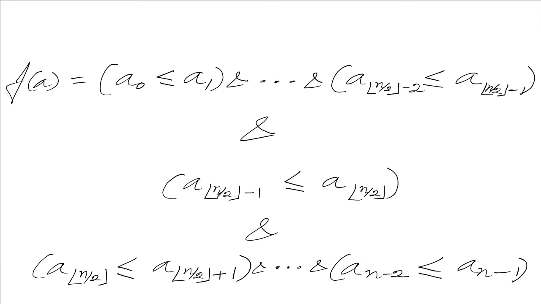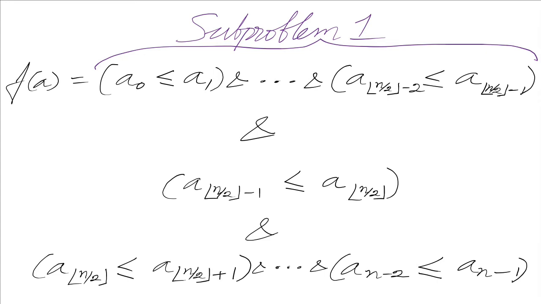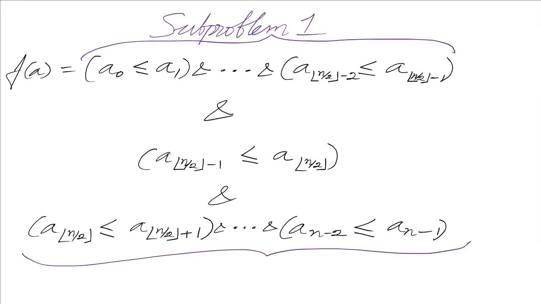So we check if the first element in the second half of the list is less than or equal to the next element in the second half of the list, and so on. We keep on doing an ampersand with all these pairs until we reach the end of the second list. So this is subproblem 1, and this is subproblem number 2. They are both similar. That's the first half, and this is the second half.